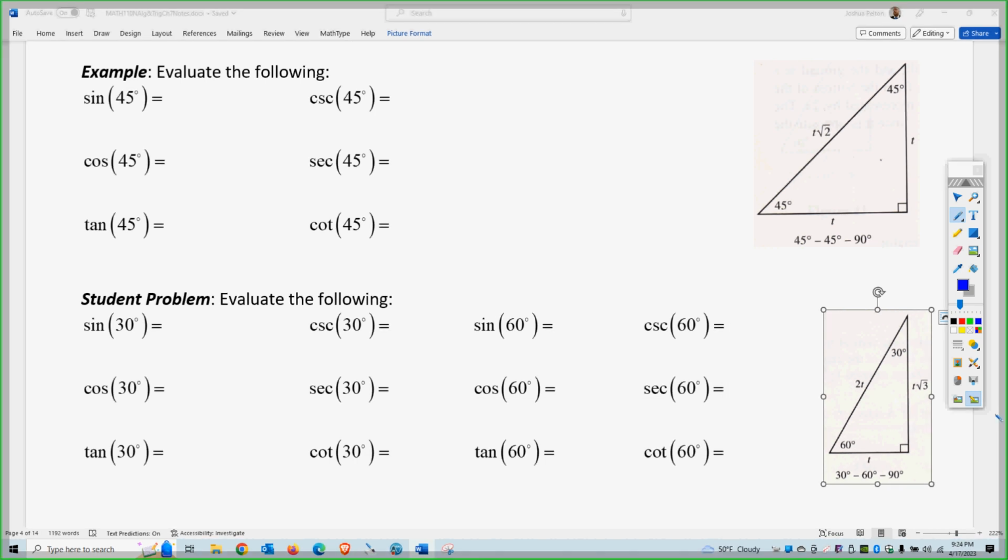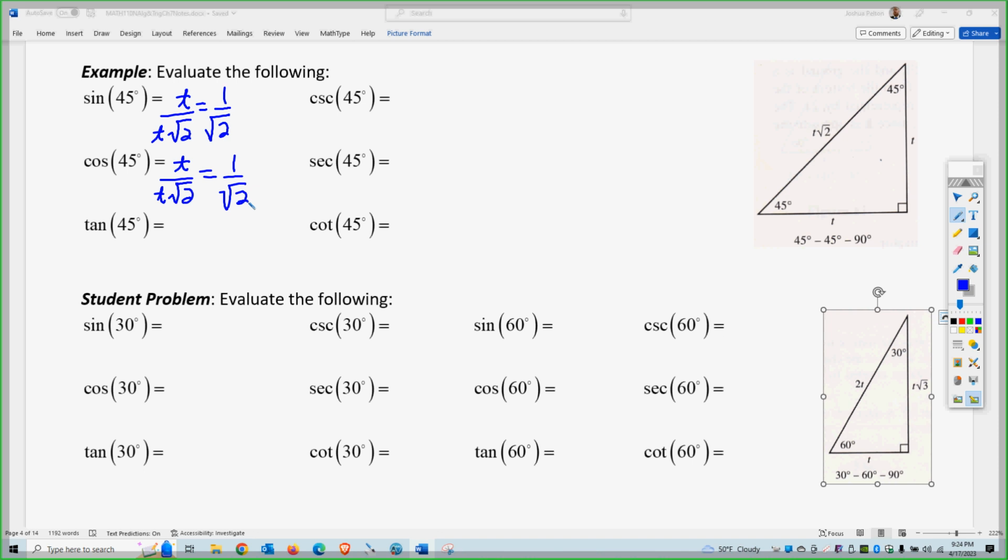So using the diagram to the right, we know that the sine is the opposite over the hypotenuse. So regardless of what t is, I get 1 over root 2. Okay, so cosine is adjacent over hypotenuse, and then you're asking yourself, well, wait a minute, which 45 are you using?